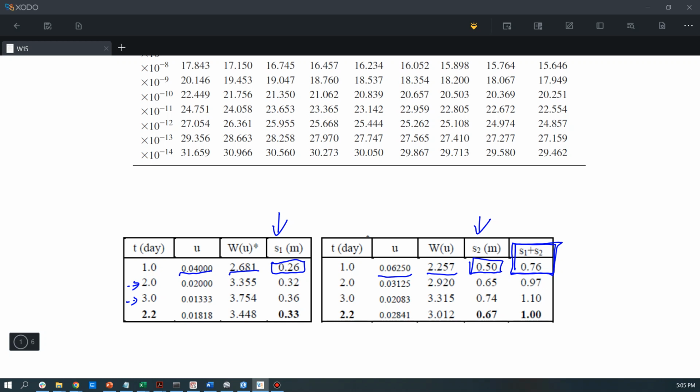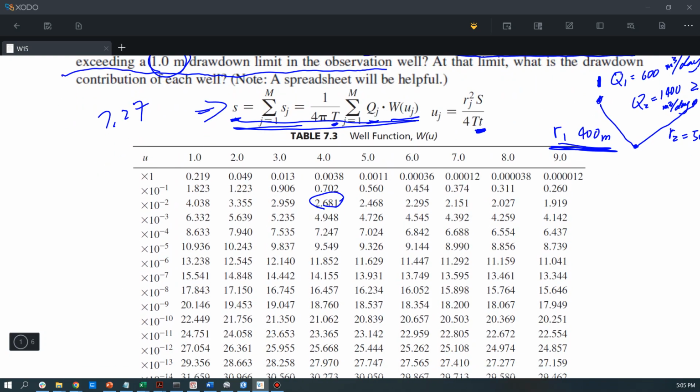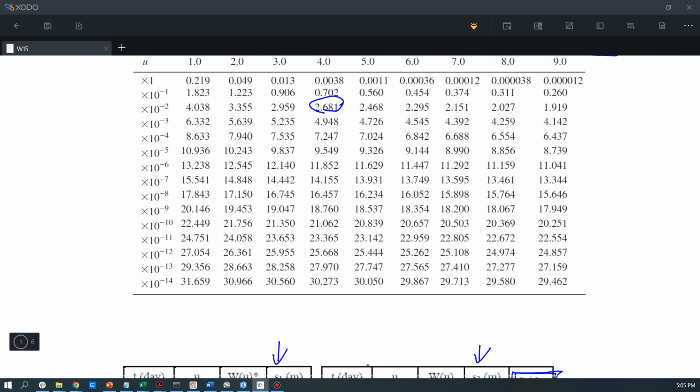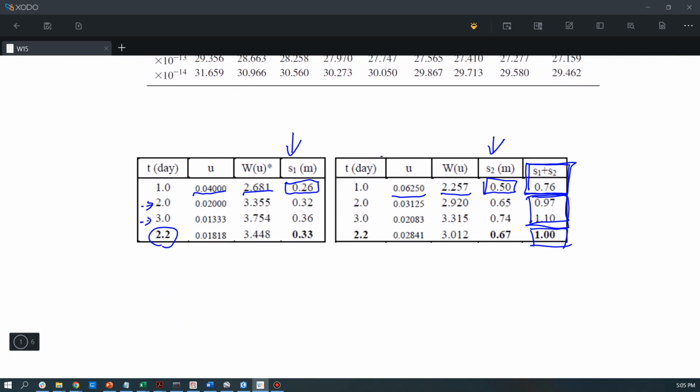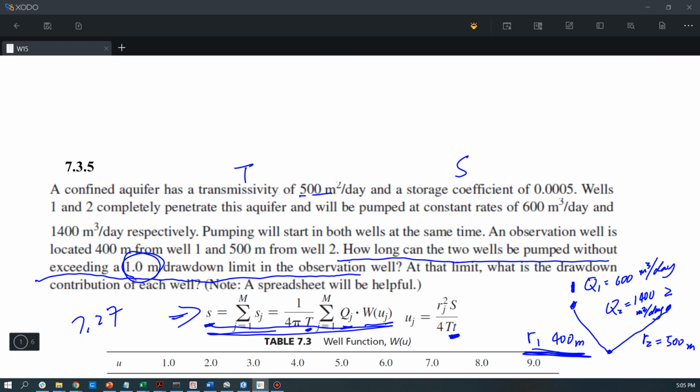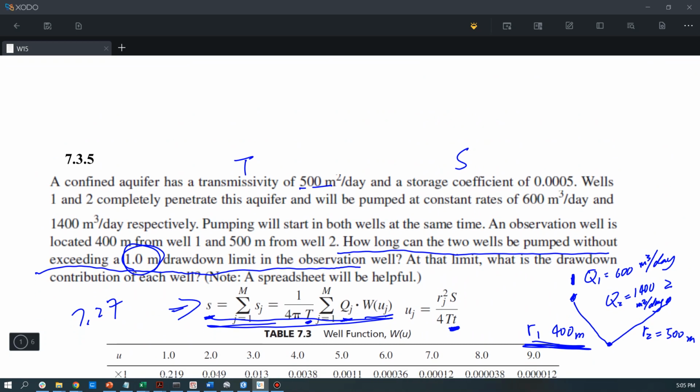And we found that the value should be somewhere between day 2 and day 3. So we try 2.2 days, and we found that the summation of S1 and S2 is equal to 1. So we know that the solution for this problem is 2.2 days.